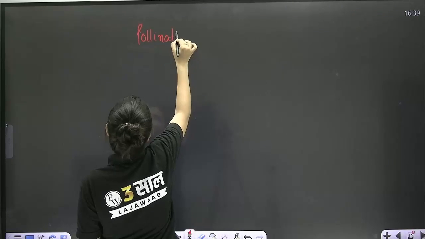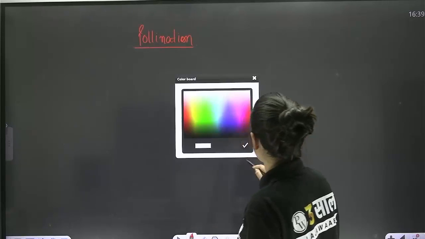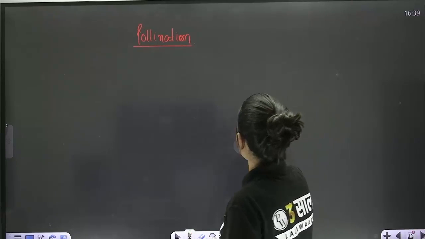So now we are going to study the next topic, that is the pollination scheme. So basically, beta, what is pollination? How will you define pollination?